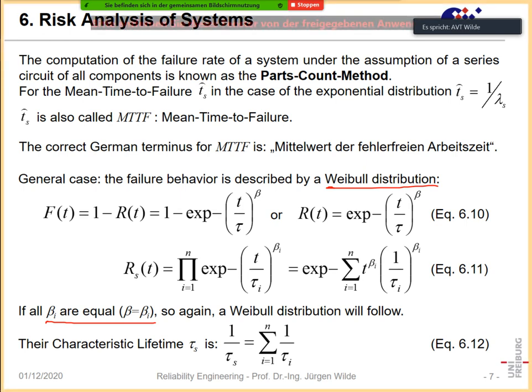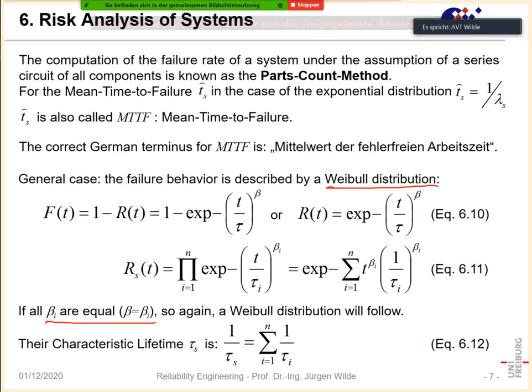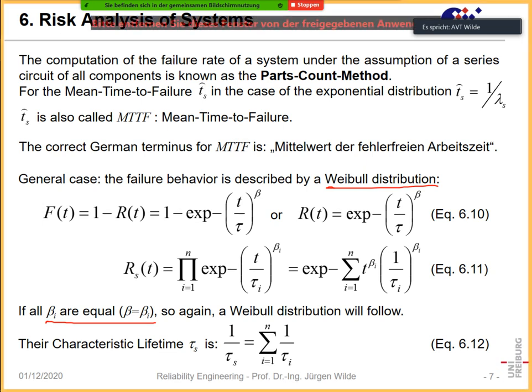Then it's 2 times 10 to the power of minus 3, and the inverse again is 500. Yeah, so just the inverse adds up, and in that way the characteristic lifetime is of course decreased. And in that way we have a method also to have something like a parts count method in case of a Weibull distribution, but only when the Weibull exponents are equal.